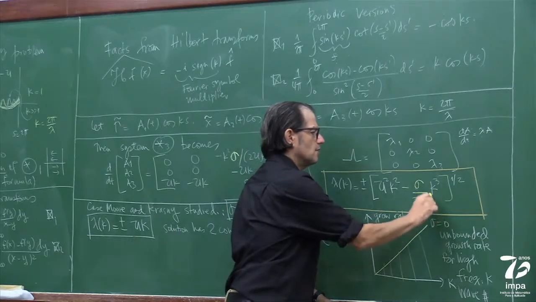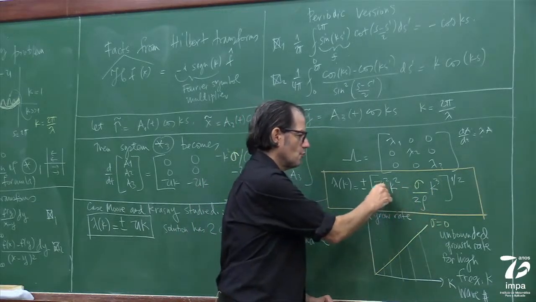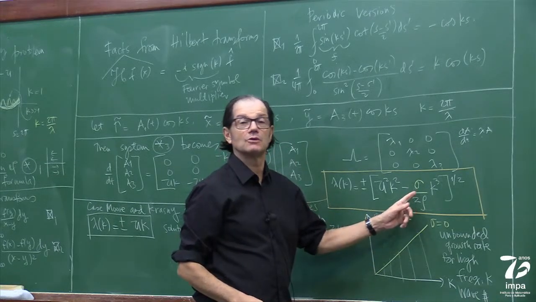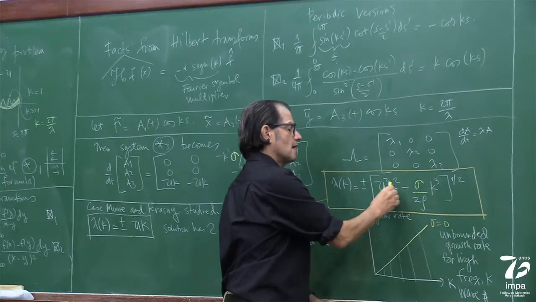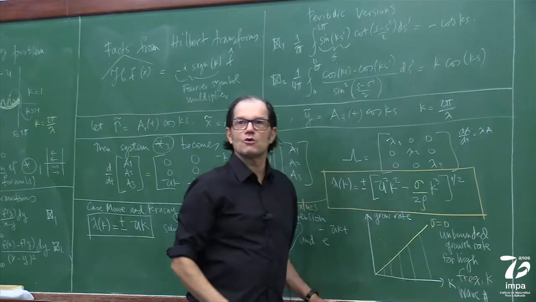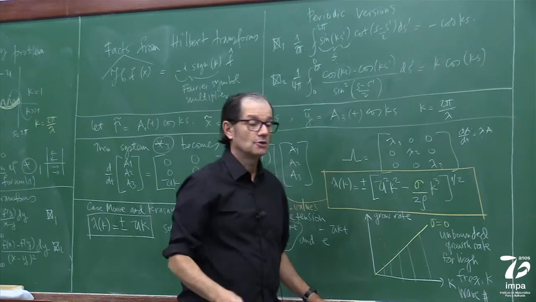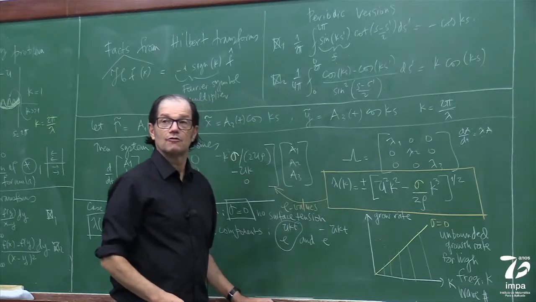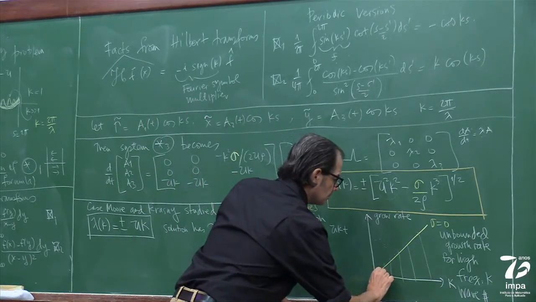When K is large enough, which depends on sigma and rho, but the presence of sigma here is fundamental, there will be a critical wave number where this term is bigger than this one. This is negative. The square root of a negative number produces an imaginary number. So for surface tension different from 0, the curve will be something like this.